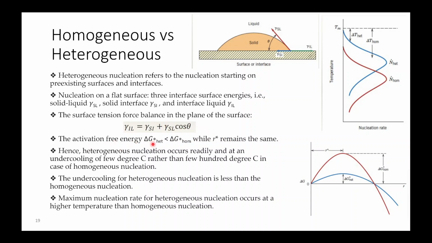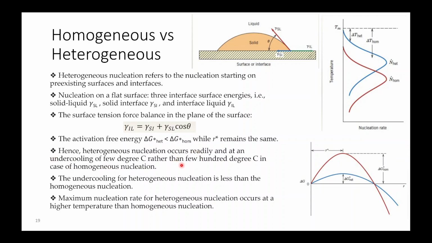Now the activation free energy will be lesser than in the case of homogeneous nucleation, where R star remains the same. Hence heterogeneous nucleation occurs readily, at an undercooling of a few degrees Celsius rather than a few hundred degrees Celsius as in homogeneous nucleation.